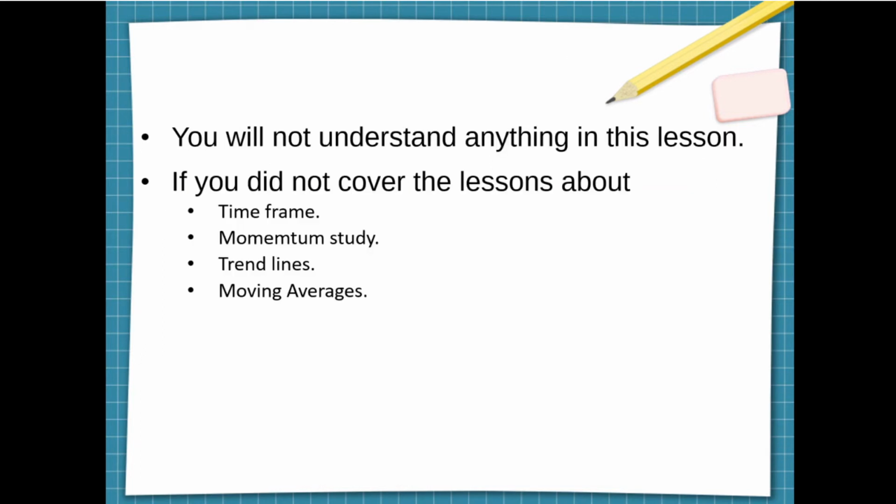Okay. So, since RSI is so important, let me tell you this. To understand this lesson, you need to make sure that you did go over the lessons about time frame, part 1, momentum study, trend line, and moving averages.